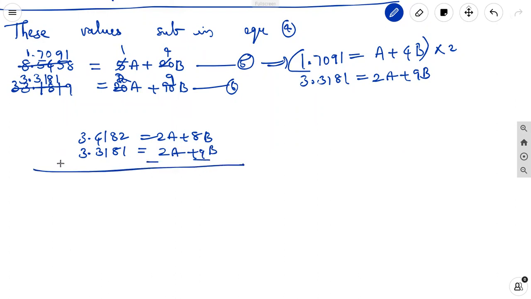Subtract one from the other. These get cancelled. It is 0.1 equal to minus B. So from this, B equal to minus 0.1. That is the B value.